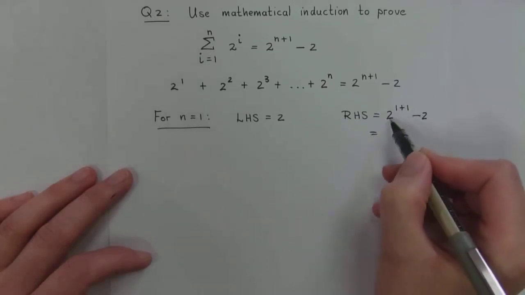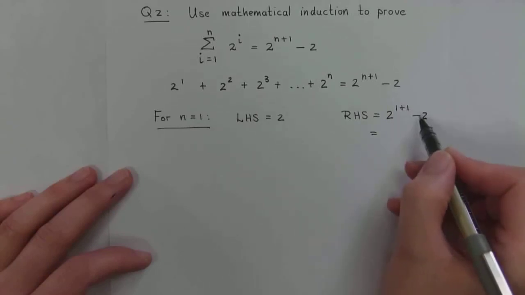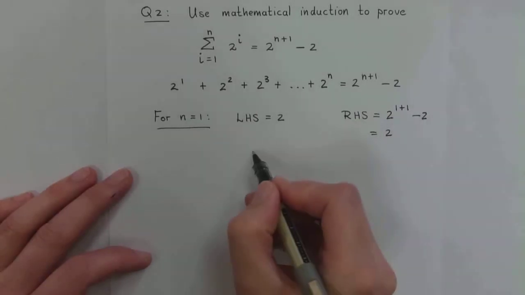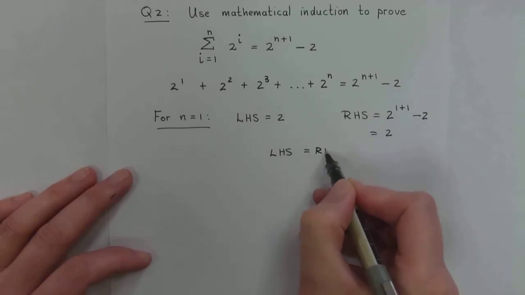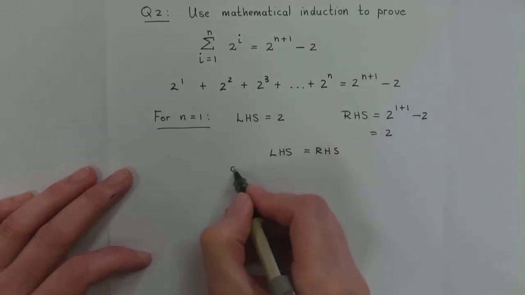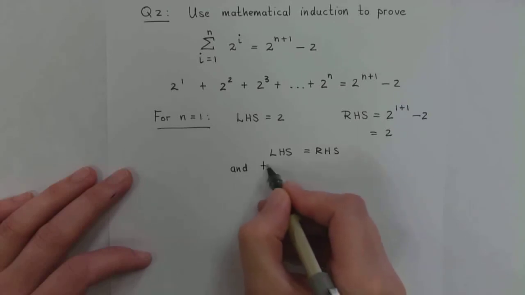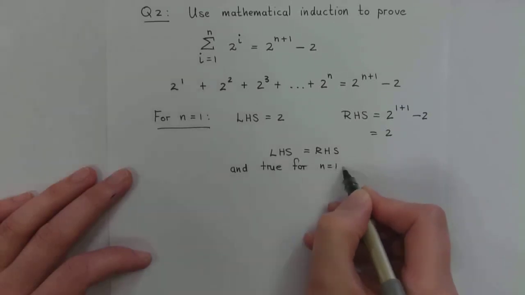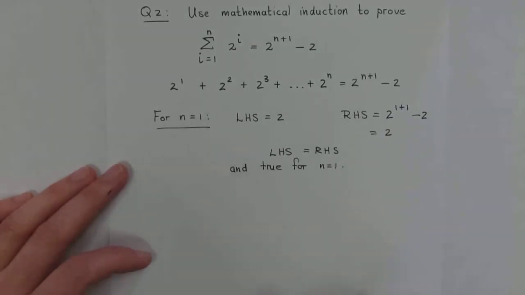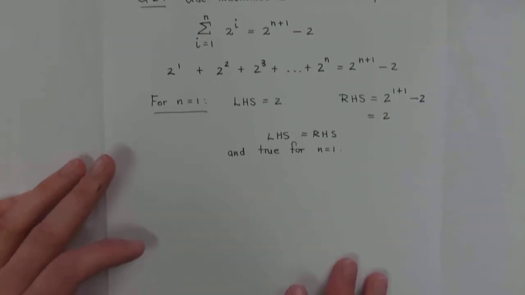And that's going to be 2 to the power of 2, which is 4, minus 2 is then 2. So left-hand side is equal to the right-hand side, and the formula is true for the first term. So that's that first thing, knocking over the first domino. I know that it'll be true for the first term.